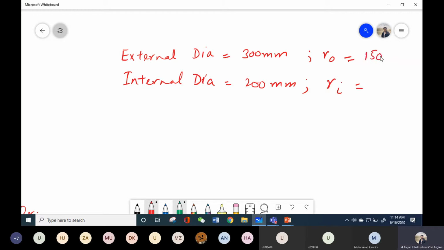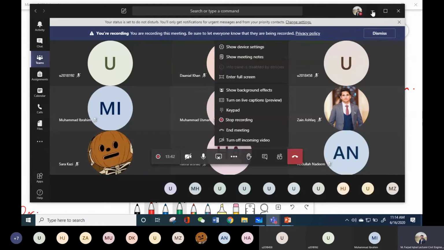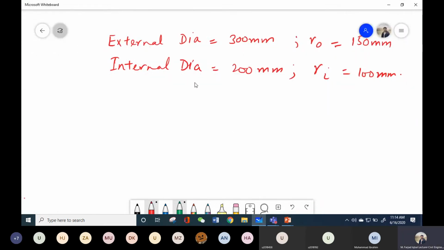This is 150, right? And this value over here is 100 millimeter. Also, the internal pressure is given as 20 megapascal, and the external pressure is given as 5 megapascal.